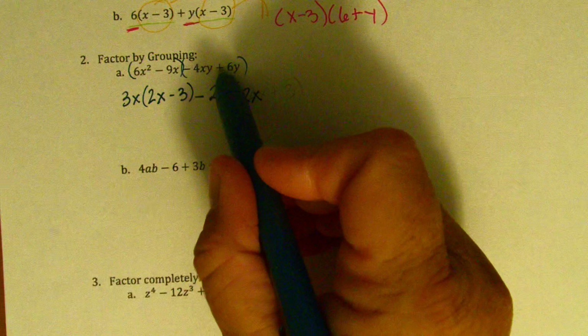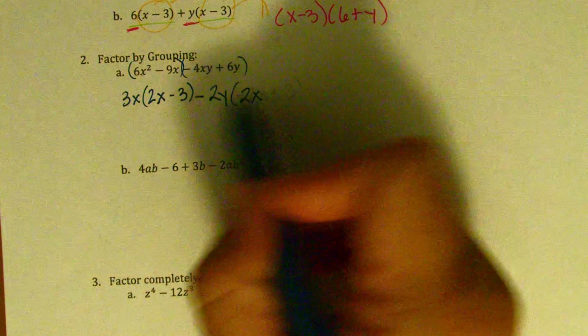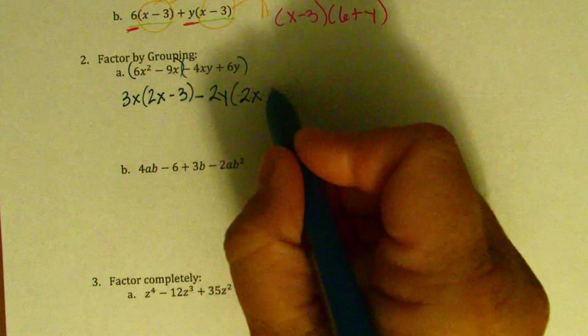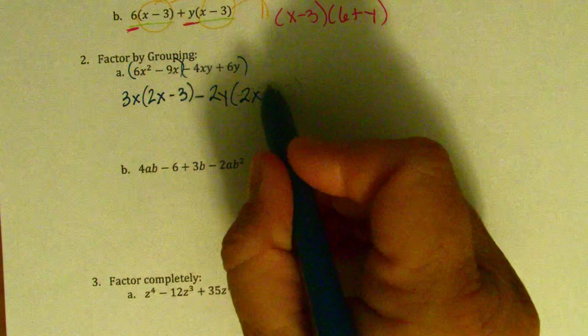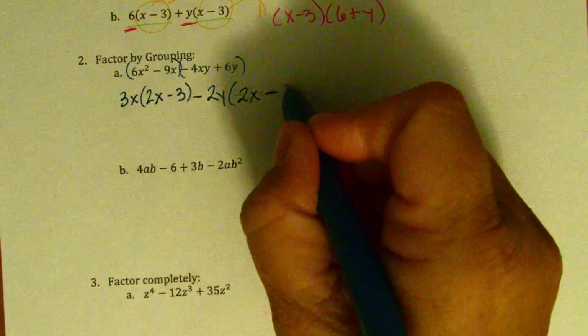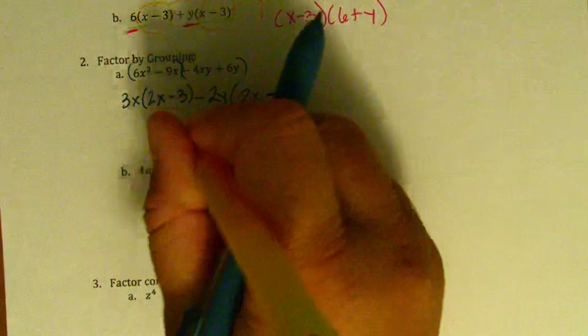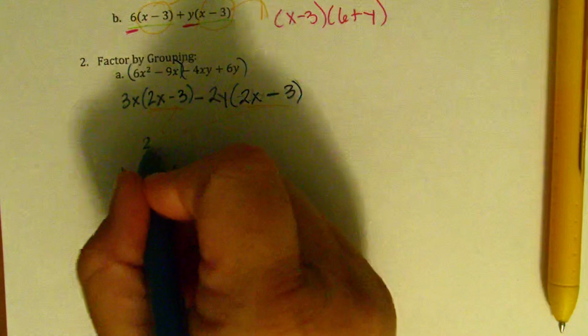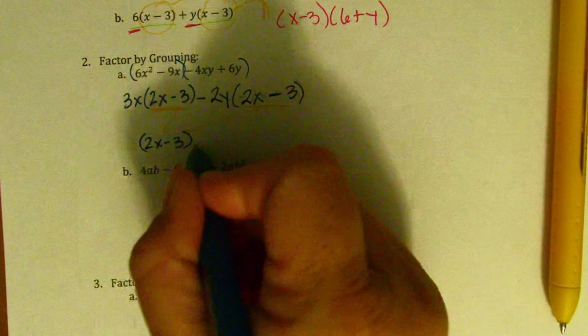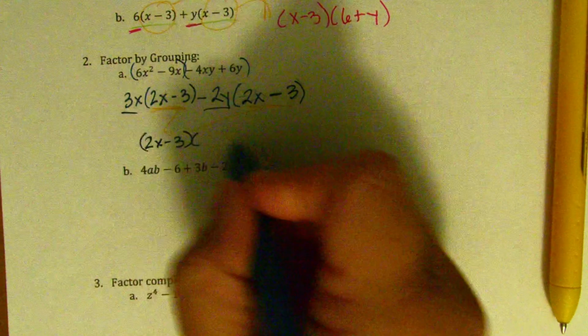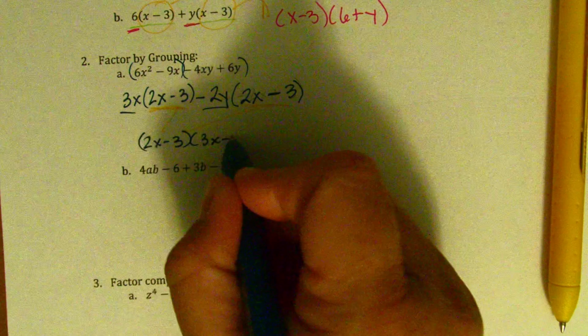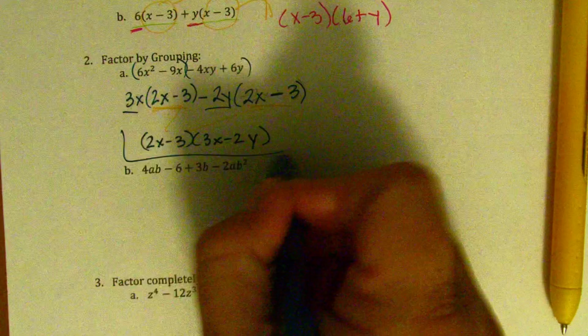And I pulled a negative out from here, so to make this a positive when I redistribute, that would have to be a negative here, because a negative times a negative would give me that positive, and I'm left with 3. And now, these are the same. So I can go ahead and pull that out, and I'm left with 3x minus 2y. And it's factored.